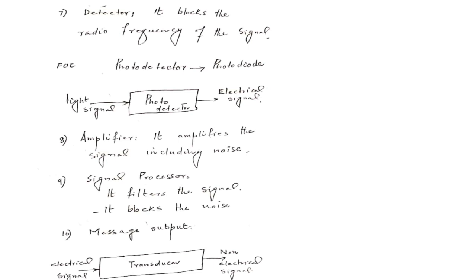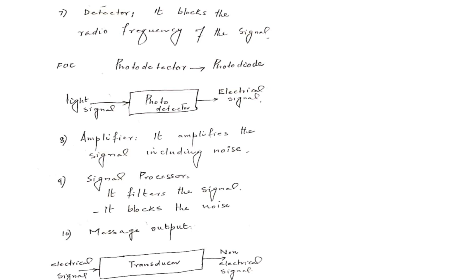Then we talk about the next minor block, which is the block for the amplifier. We know the function of the amplifier. So the amplifier amplifies the signal, including noise.